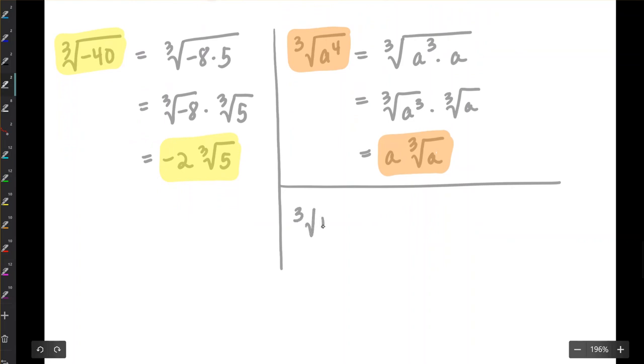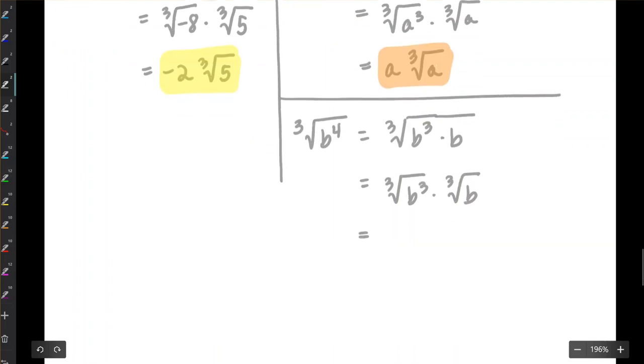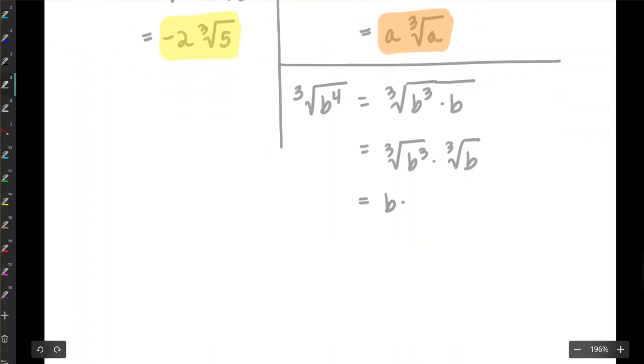The cube root of b to the 4th is the cube root of b cubed times b, because b cubed times b to the 1 is b to the 4th. Product property, cube root of b cubed is b times the cube root of b. All right, and we're done.